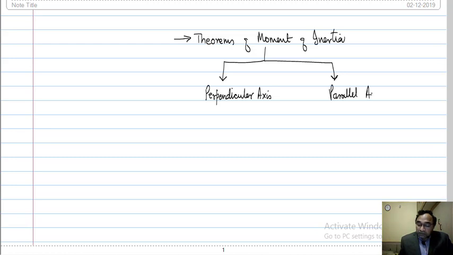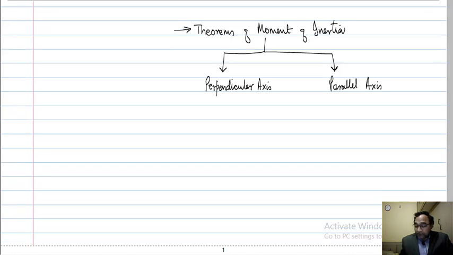Now, why do we have only two axis theorems? Yes. The axis about which we are trying to find the moment of inertia may be perpendicular to the known axis or it may be parallel to the known axis, and because of this reason we have two theorems. Now, let us see one by one what exactly it means.